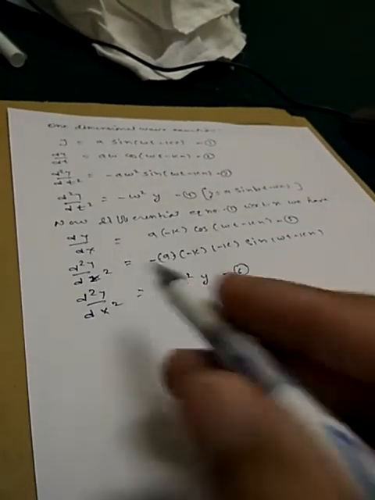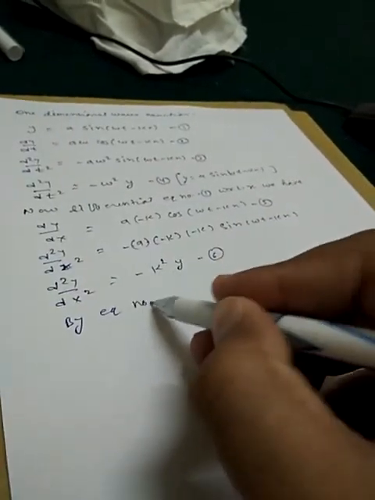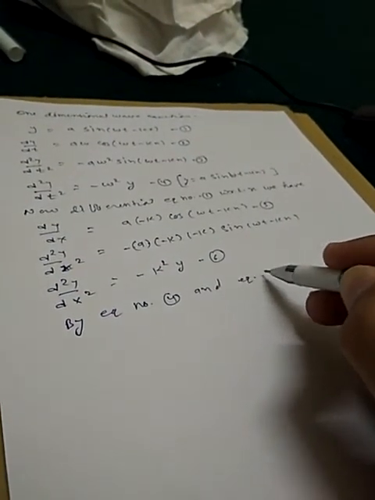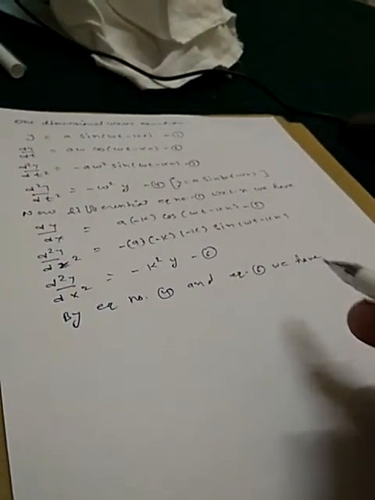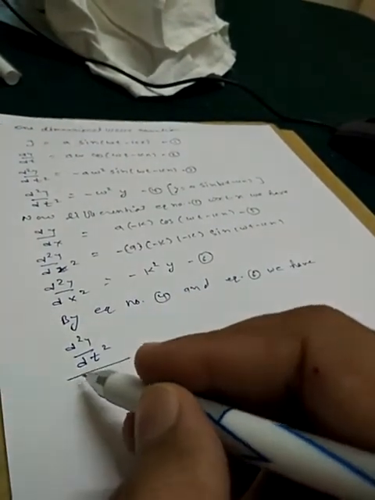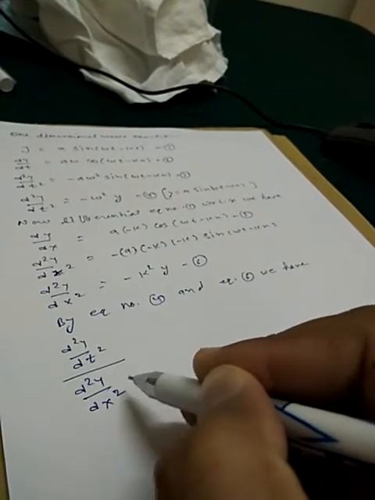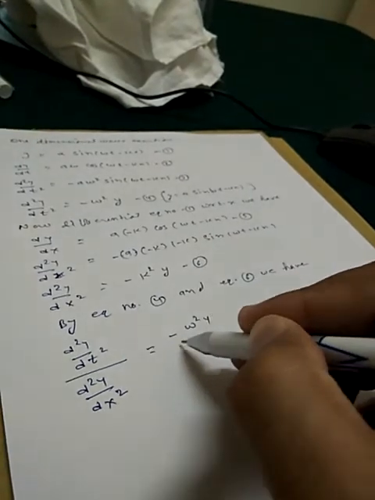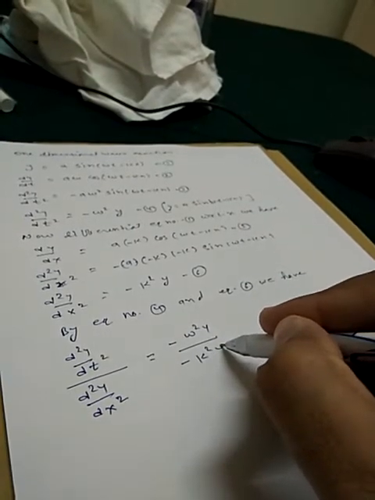Now by equation number 4 and equation number 6, we have d2y upon dt square upon d2y upon dx square equal to minus omega square y upon minus k square y.